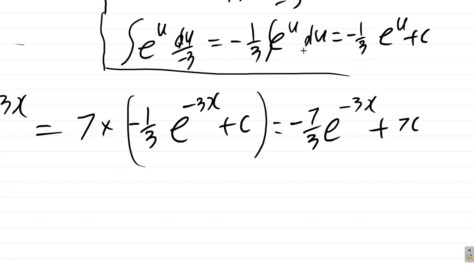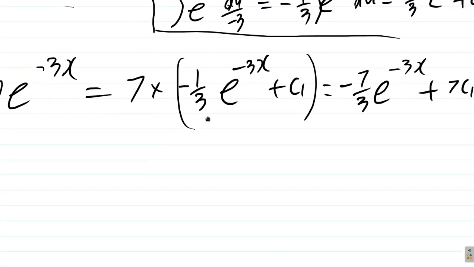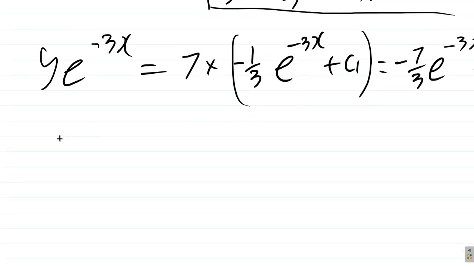So you see this, what I had originally as c, let's call it c1, and then when I multiply c1 by 7, I call it c, a different constant. I like using c instead of some other letter, or c1, c2, and so on.